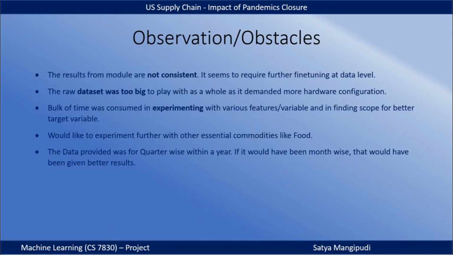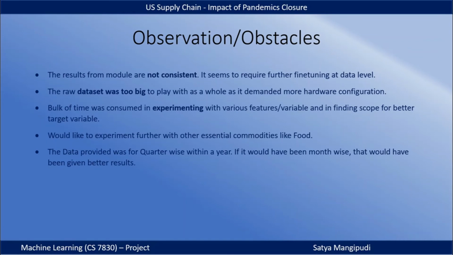Here is some discussion on observations and difficulties faced. The model after implementation was run numerous times. The results produced were very inconsistent. I suppose all possible settings that can be done programmatically were applied. It looks like more work needs to be done at the data level. Initially, because of the dataset size, the machine configuration I had was not enough to experiment with. It took a while to get things in line for running the model.